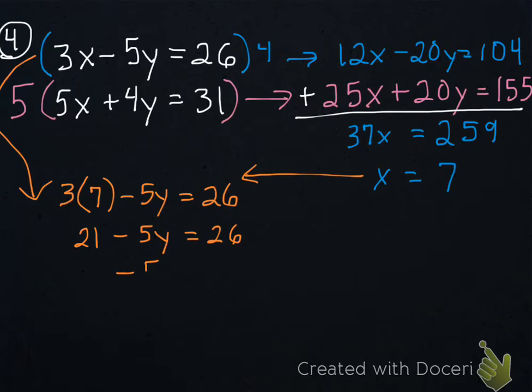Subtract that 21 and I get negative 5y equals 5. Divide by negative 5, y equals negative 1. So my solution for this system is 7, negative 1.